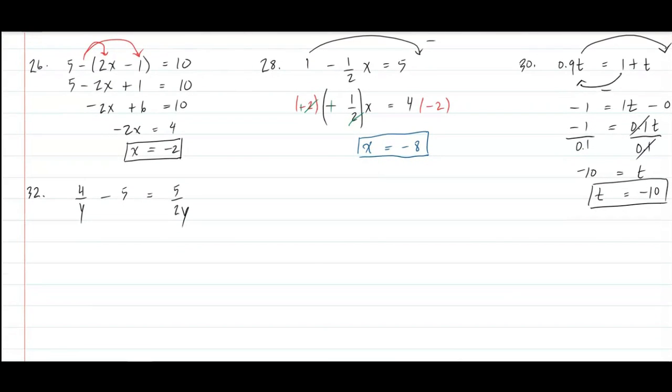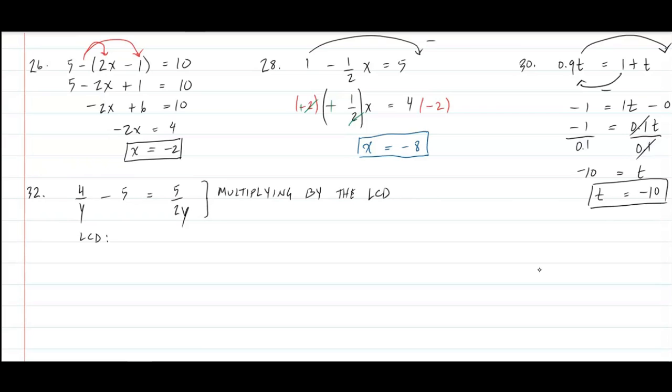So basically the first step is to make the common denominator through the entire problem. This process is called multiplying by the LCD, this method of solving this sort of equation.